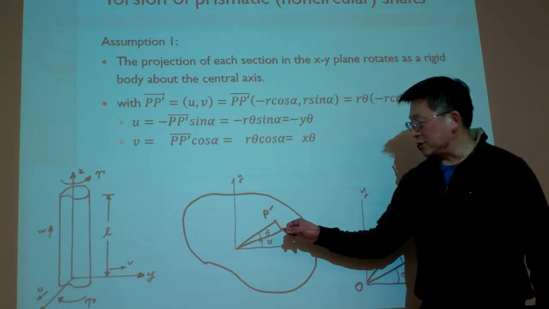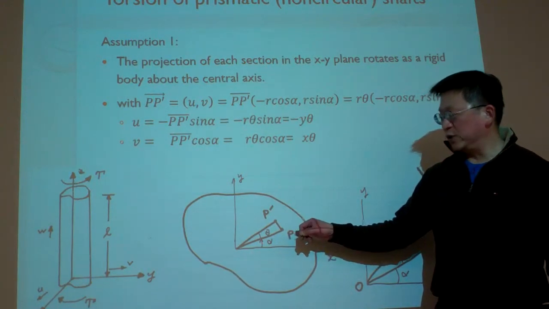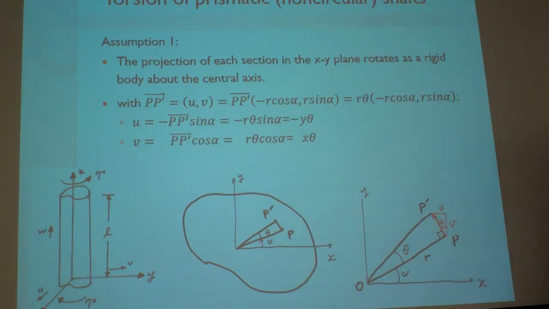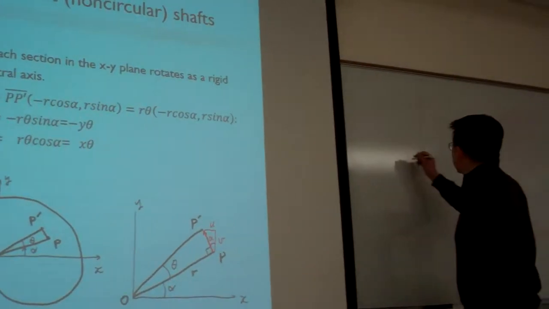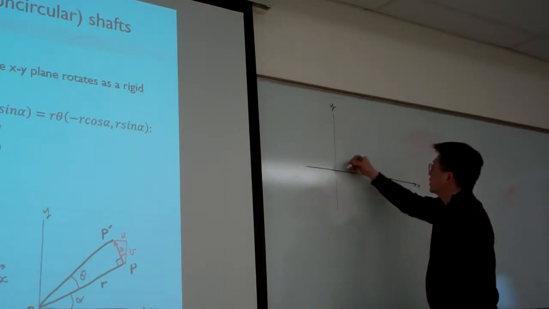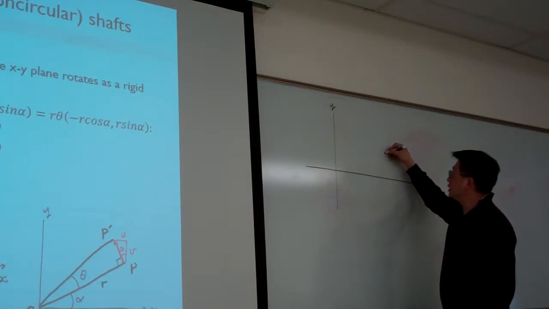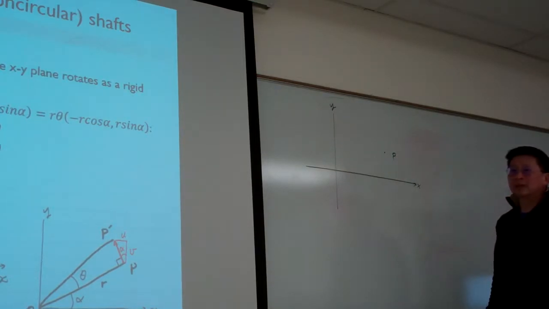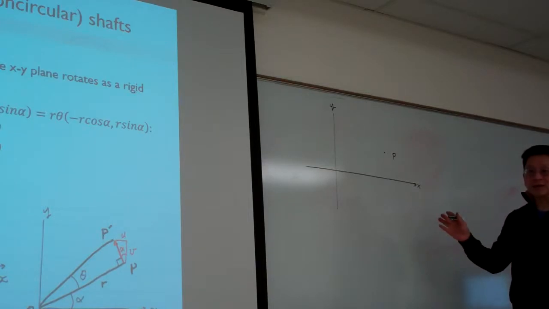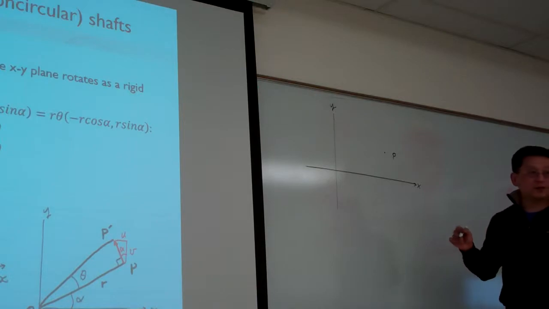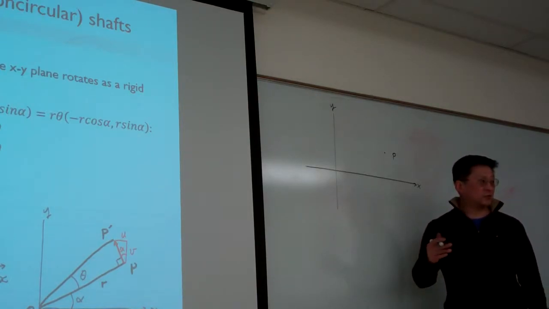In the cross section, I pick an arbitrary point P, representing a point before the deformation happens. Let me draw this here, with x, y directions. Before the torsion is applied, in that cross section I pick a point P. Then I want to study how the point P is displaced. From there we can get the information about the displacement.